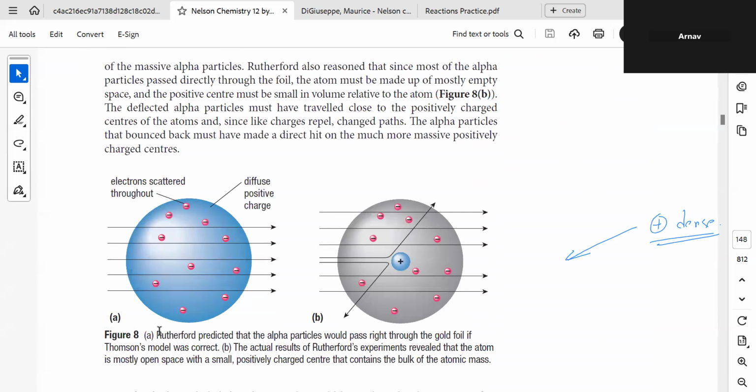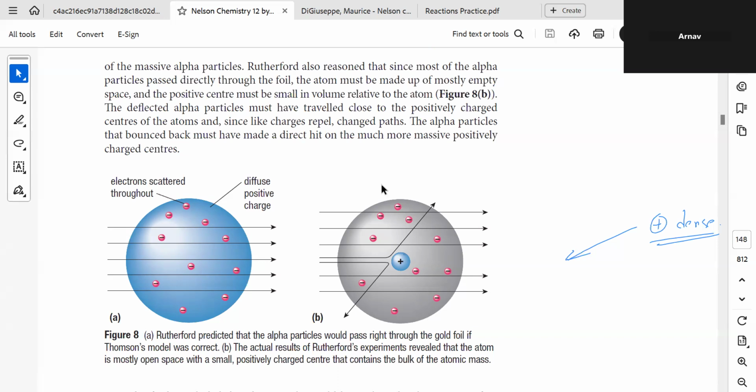Now, this was his assumption, the other figure 8. I want you to take a screenshot of this too later on. But remember, what was his assumption? If J.J. Thomson's experiment was correct, all the alpha particles should have passed through the atoms.